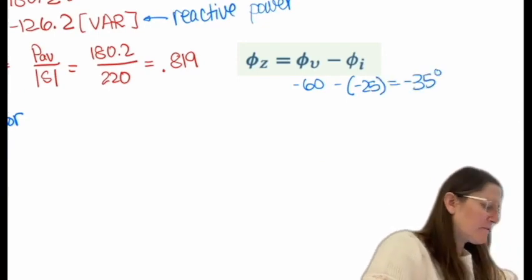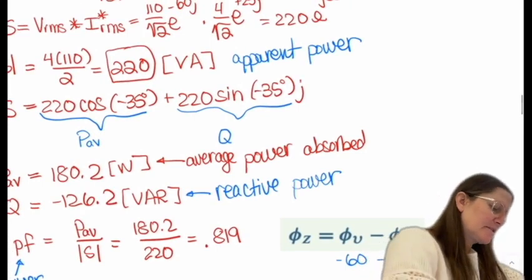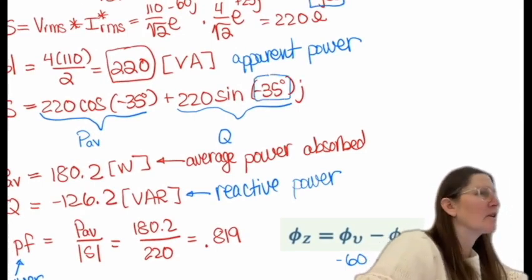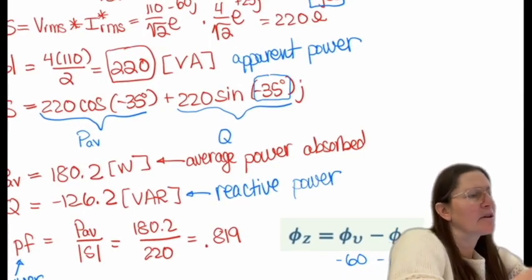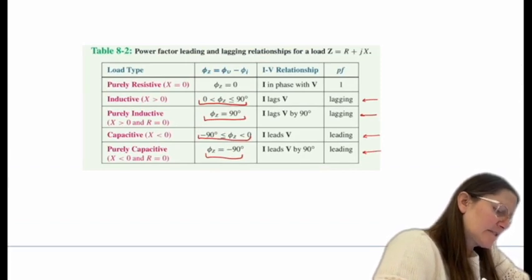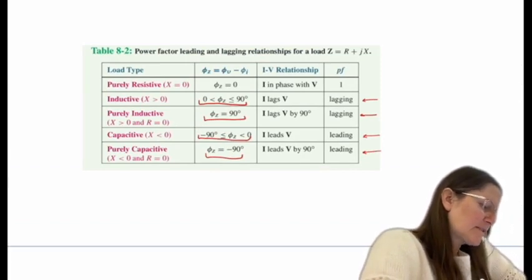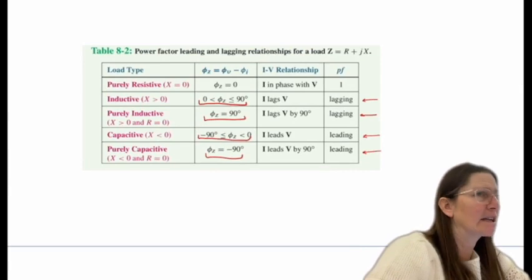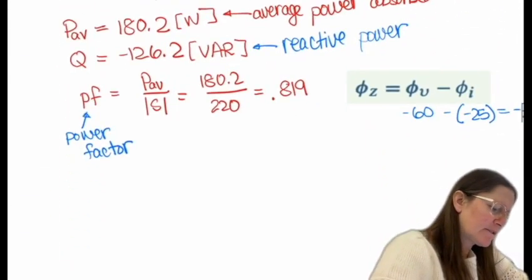So that gives minus 35 degrees. And if it's negative, it's leading, and if it's positive, it's lagging. So in this case, it's negative, so it's leading.